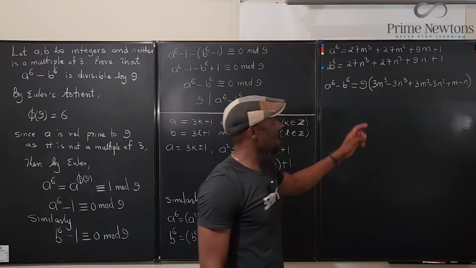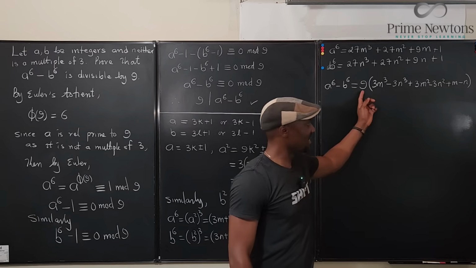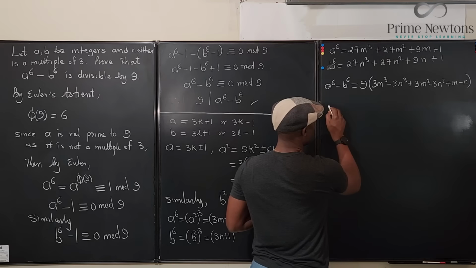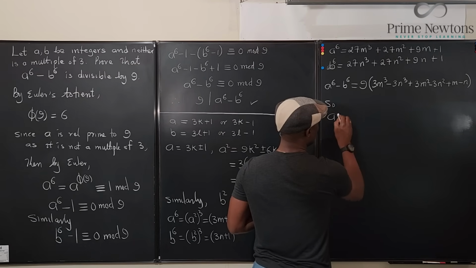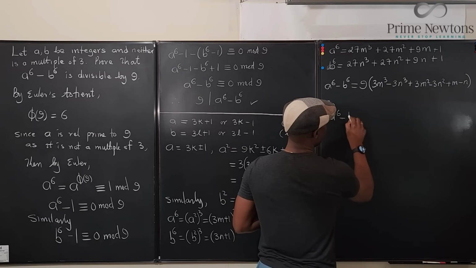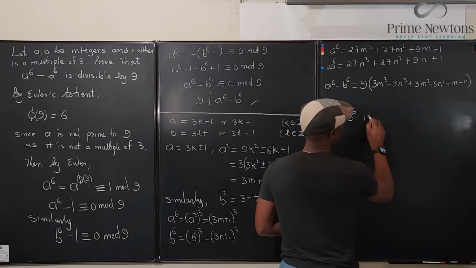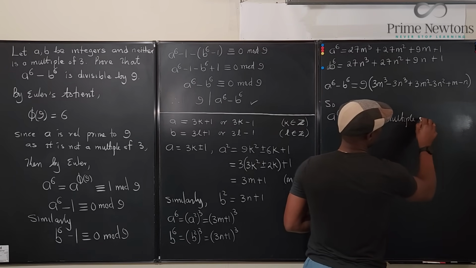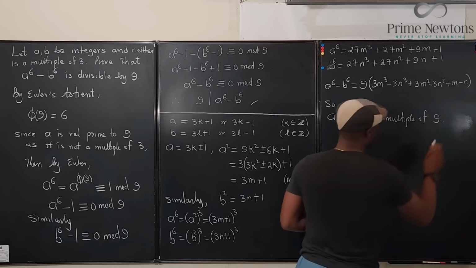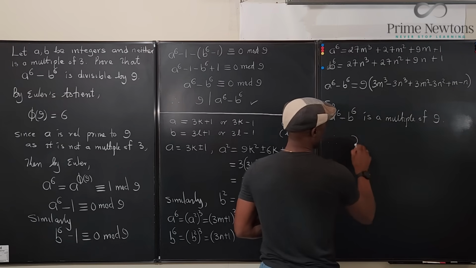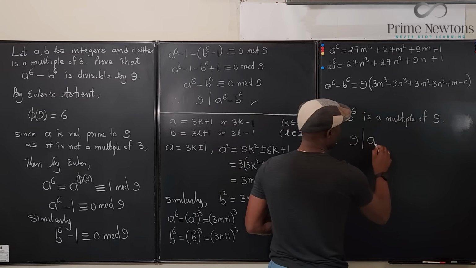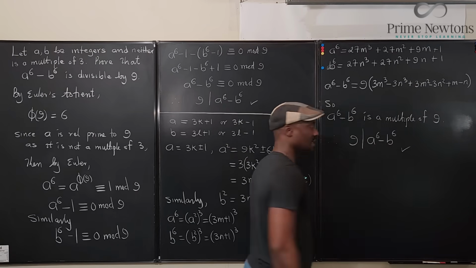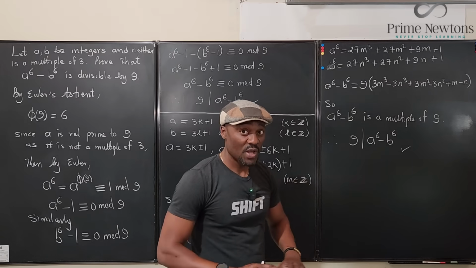I hope the camera captures that. By the way, this is divisible by 9. This must be divisible by 9, and that's it. So, a to the 6th minus b to the 6th is a multiple of 9. Therefore, 9 divides a to the 6th minus b to the 6th. Done. Whichever way you want to go, this works.